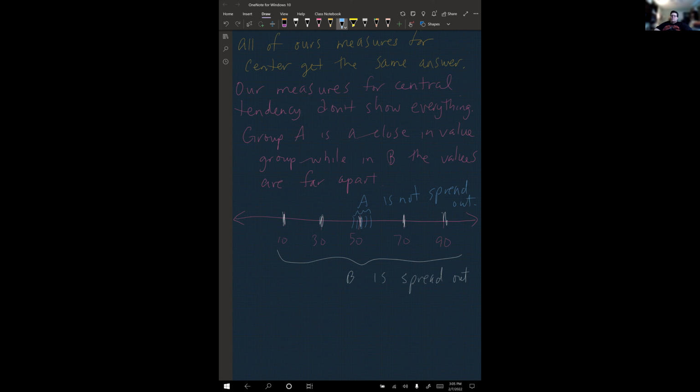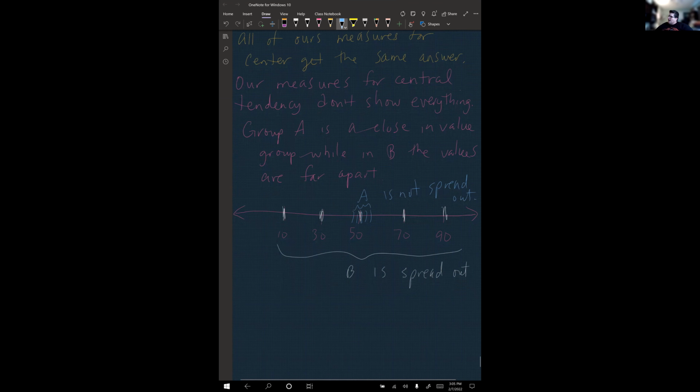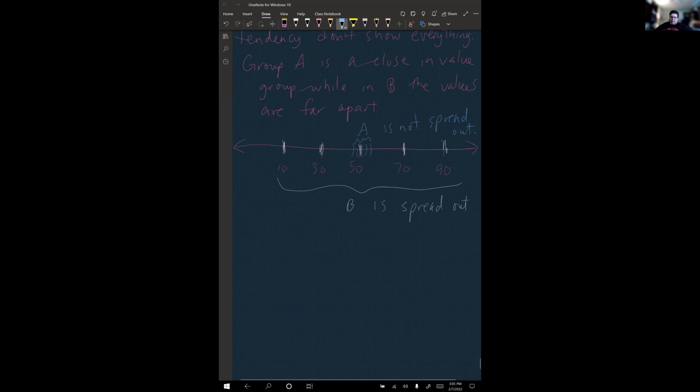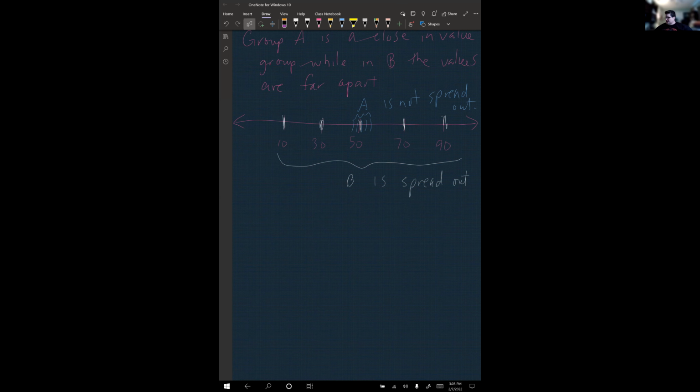So we use more than just the mean or the median to discuss things. What we use to describe this spread or this dispersion, that's one of our new words. Although it doesn't show up much past this chapter.